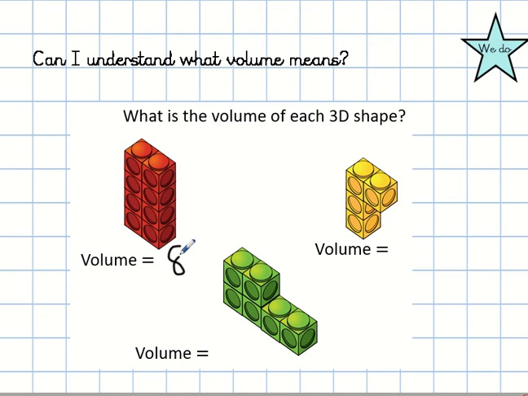So my volume is going to be 8 cubes. My volume for my next shape with the yellow cubes is 4 cubes. And finally my green has 6 cubes. Make sure to always write cubes at the end.